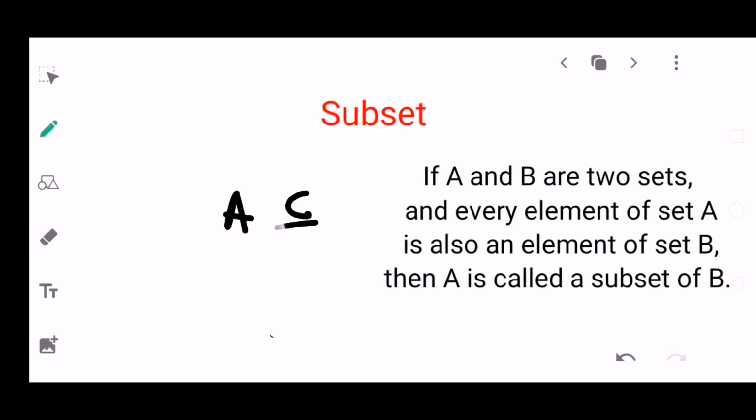A is a subset of B to mean that A is contained in B, or we can also say that B contains A. So those are the two ways to show that a certain set is a subset of another set.